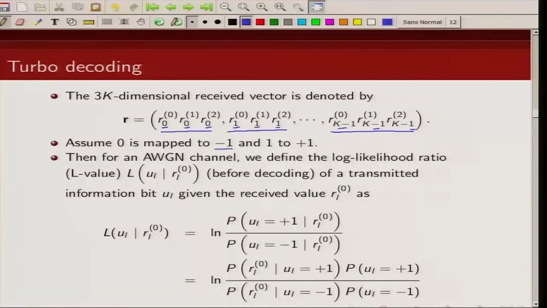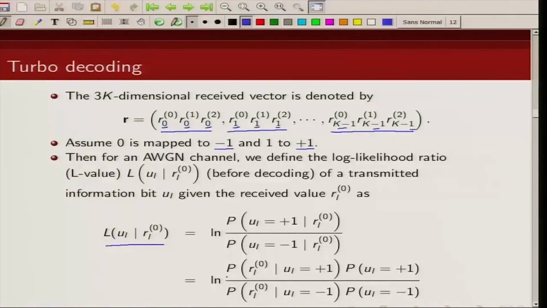0 is mapped to, in this case, -1, and plus 1 is 1. Now, let us compute the log likelihood ratio. The probability of U_l given R_l is given by the probability that U_l is +1 given this received sequence R_l divided by the probability of U_l being -1 given the received sequence R_l.